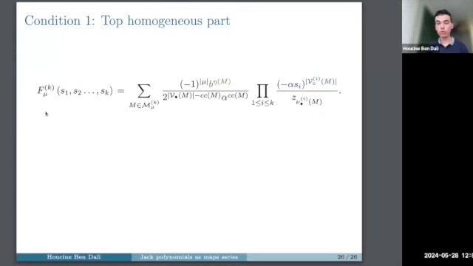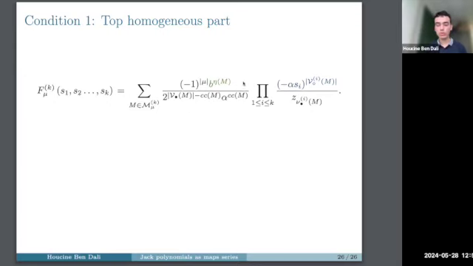So let's start with the first condition, which is related to the top homogeneous part of the shifted symmetric functions. If we fix a partition mu and an integer k, we want to prove that the top homogeneous part of this polynomial in the SIs corresponds to the power sum symmetric function p mu in these variables.